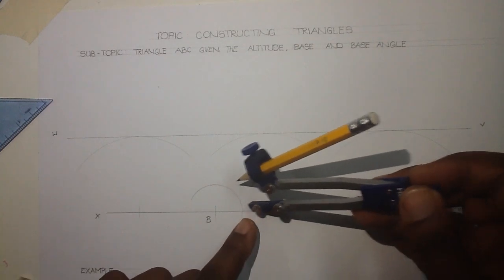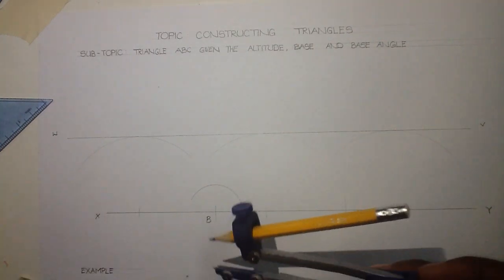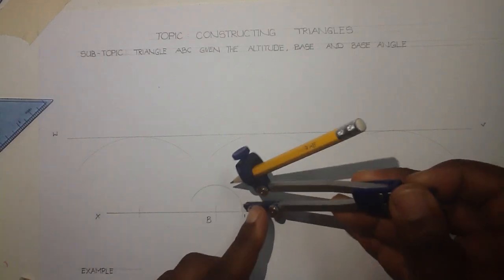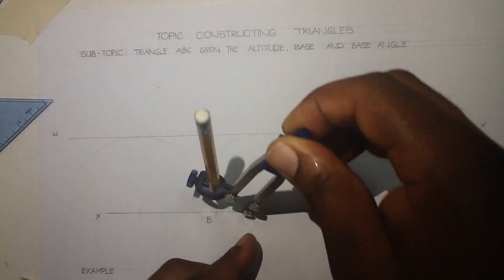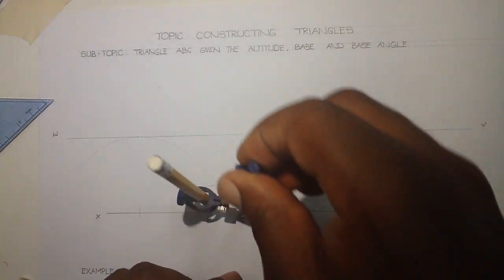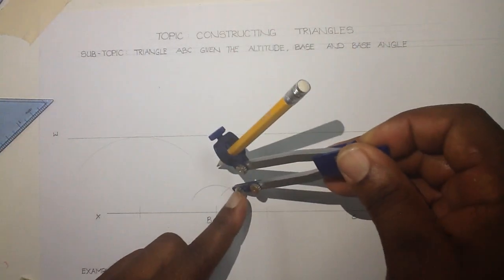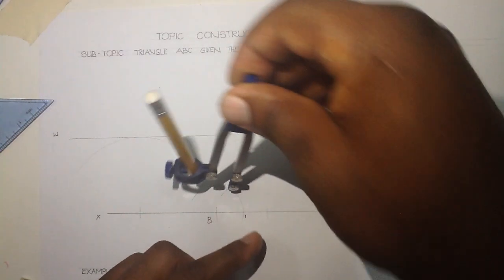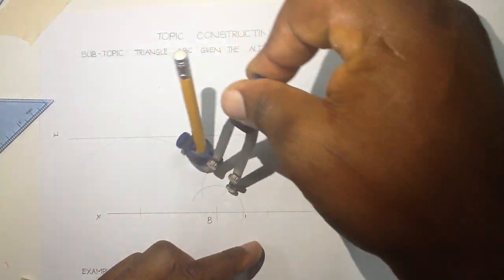This major arc intersects my line segment BC at point 1. We move from point 1 with the same radius to establish point 2 and point 3. And to speed up the process, the arc from point 3 will be a major arc.